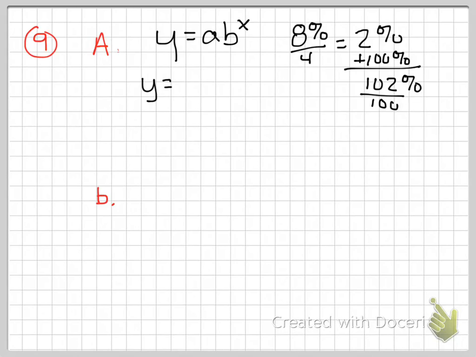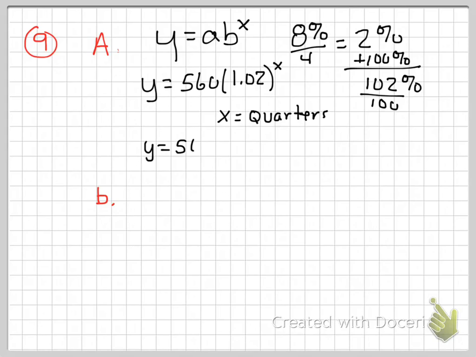So y is equal to the initial value, which is $560, times the multiplier 1.02 to the x power, but remember x equals the quarters. Alright, and then we're supposed to figure it out for 12 years. So in this case, y is equal to 560 times 1.02.